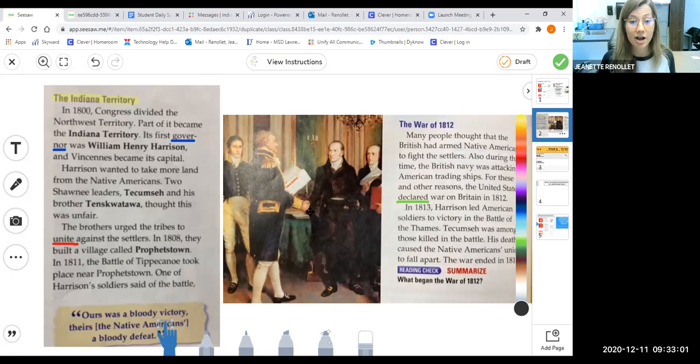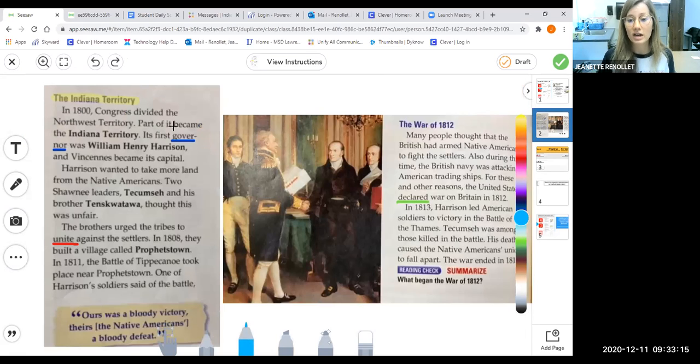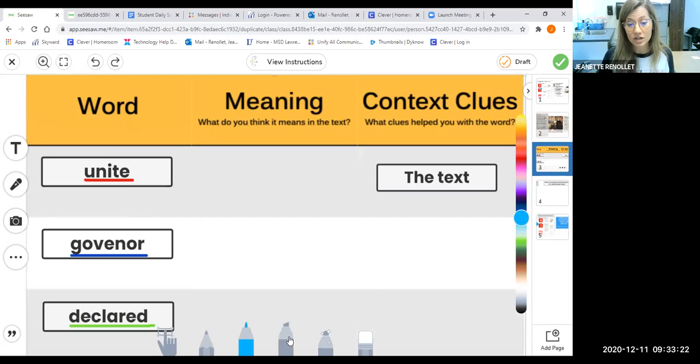Was it a picture that helped you? If the text helped you, you need to tell me what words. It is not 3rd grade work to tell me I saw it in the text. I know that you're getting your information from the text. Today, I'm going to be sending back work if students are not telling me exactly what clues helped you.